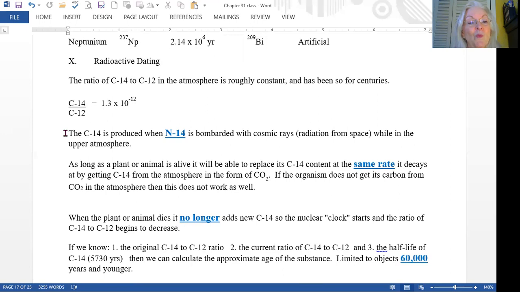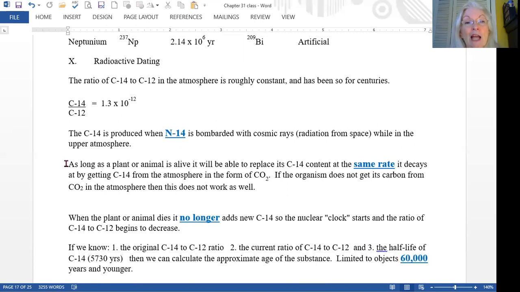And so this nitrogen-14 turns into radioactive carbon-14. And since we assume that the rate of cosmic rays entering the atmosphere is relatively constant and that that's the primary path for the nitrogen-14 to change, then we assume this ratio is relatively constant.